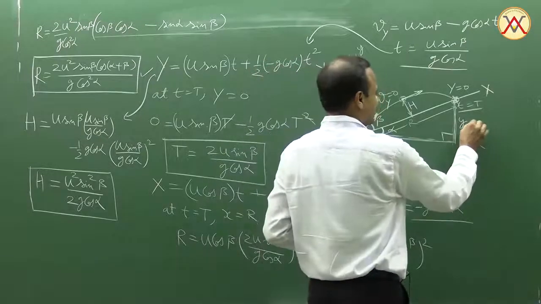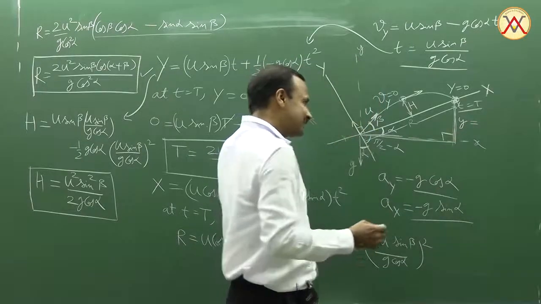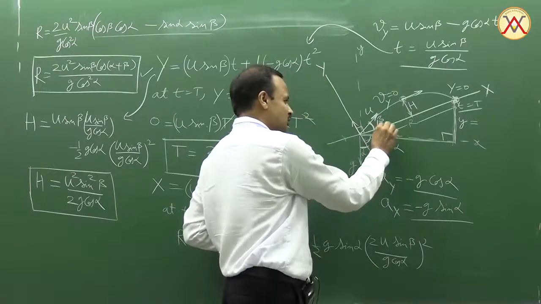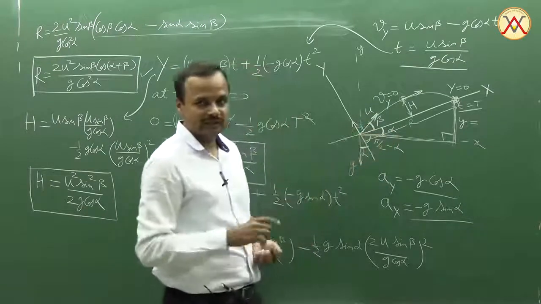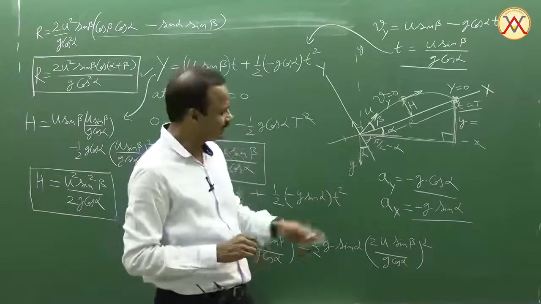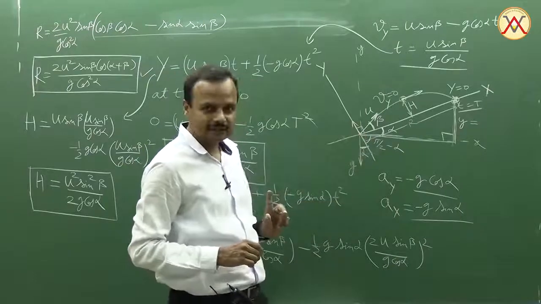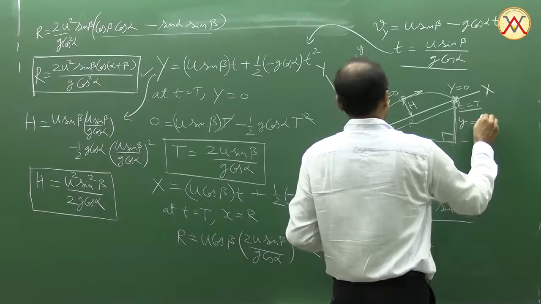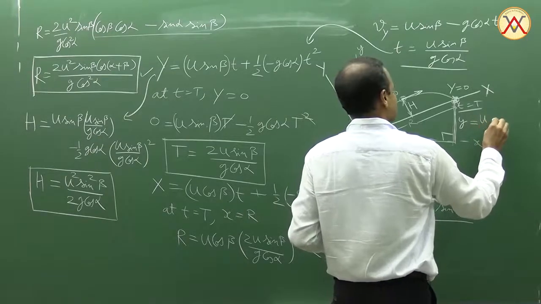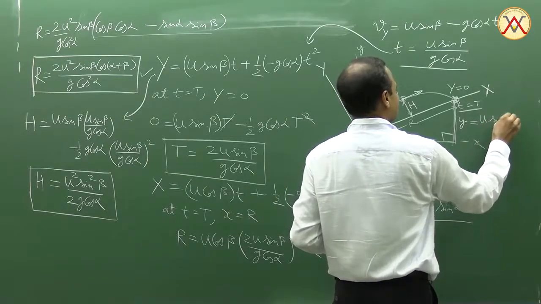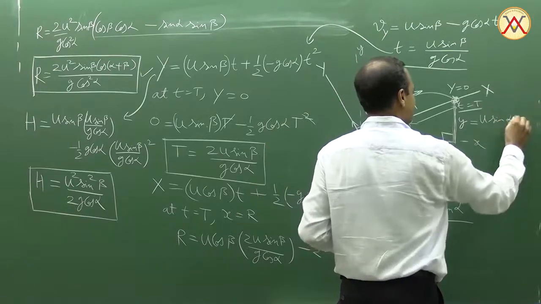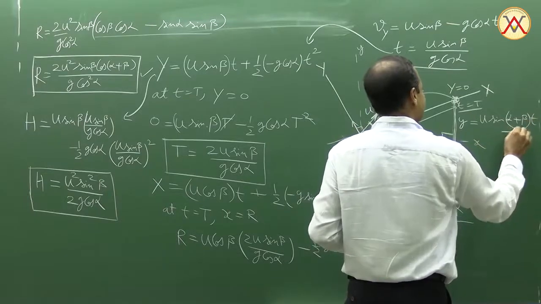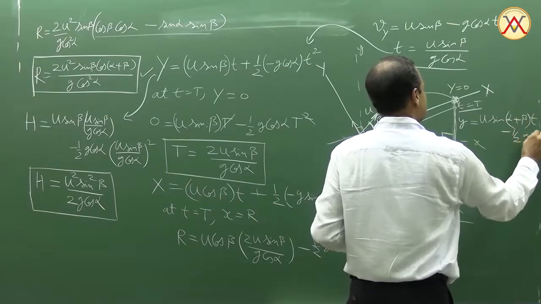So the y coordinate, in the usual way, we write this as, now again I will have to take the angle from the horizontal. So theta that we use in our usual horizontal vertical coordinate system will be alpha plus beta here. So you will have to write y as u sine of alpha plus beta t minus half gt square.